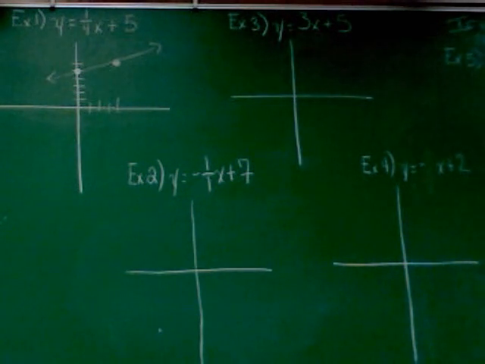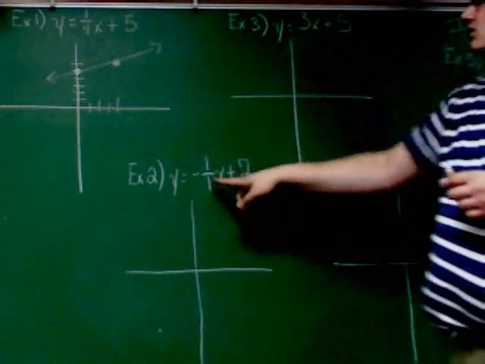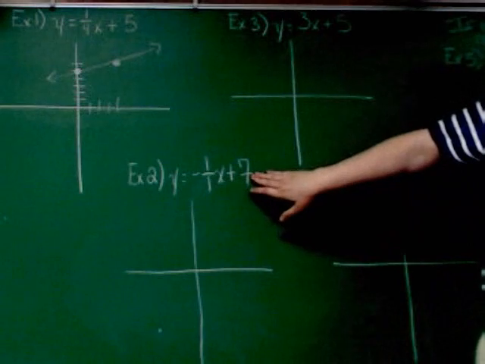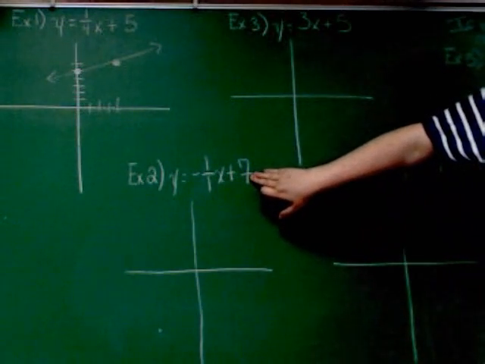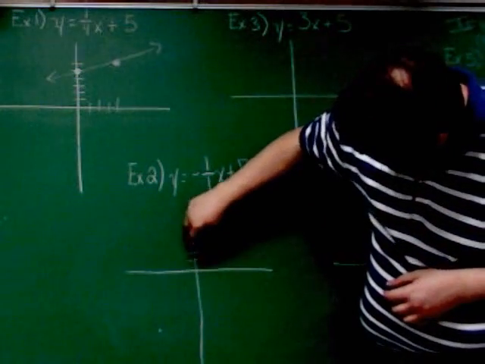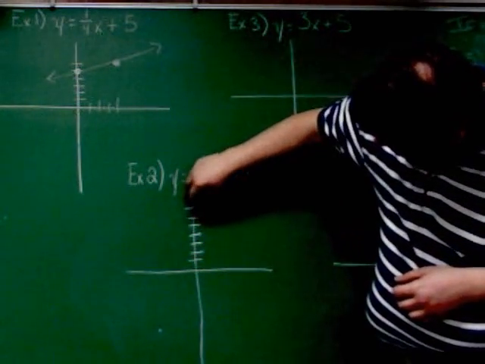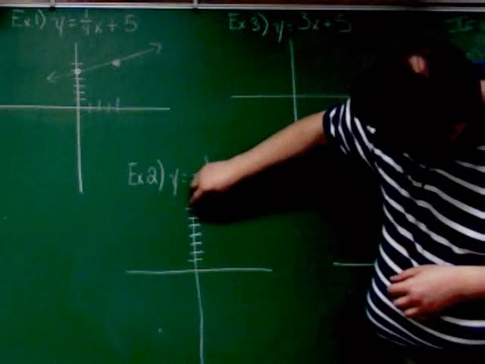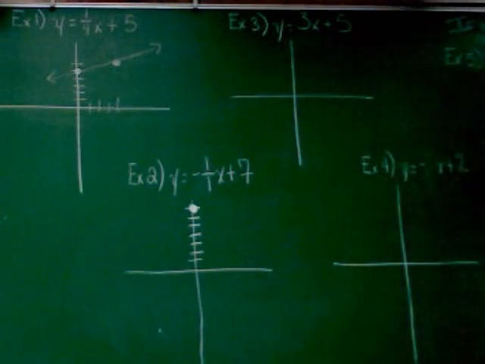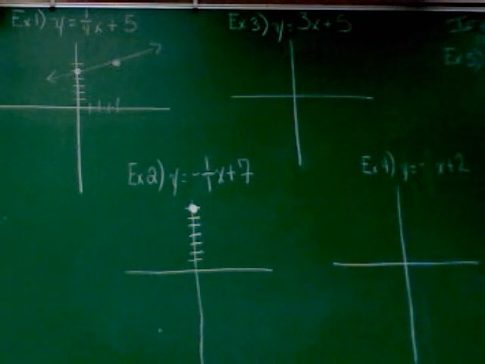Okay, so plus, we've got slope as a fraction. We're ready to go. So first thing we look at this last number, this 7, which is the y-intercept. That means I'm going to go up 7 and put a dot. Then I look at the slope.